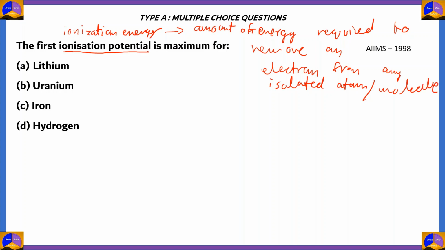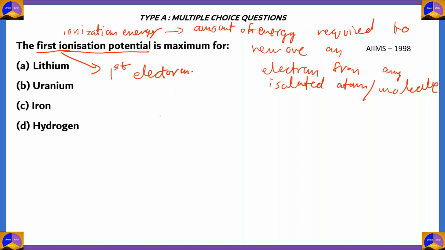So the energy required to pry an electron away from an isolated atom or molecule is referred to as ionization energy. And when we talk of the first ionization potential, that refers to the amount of energy to remove the first electron.